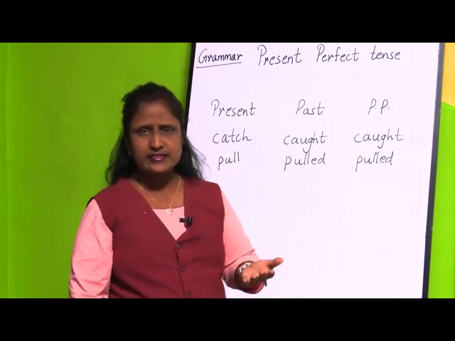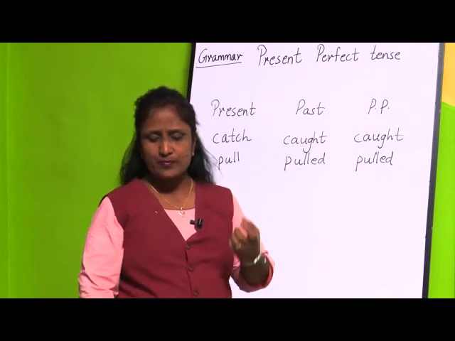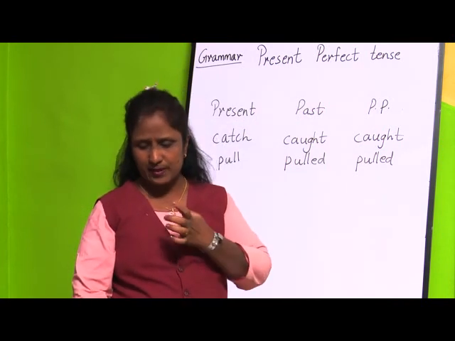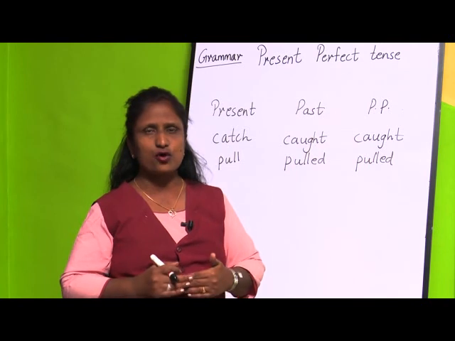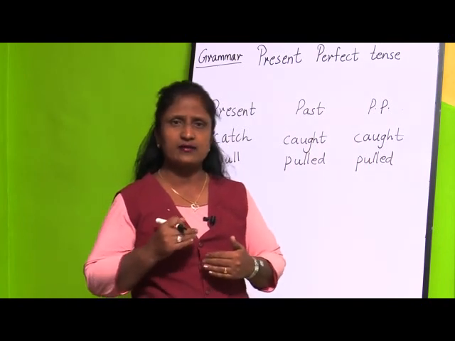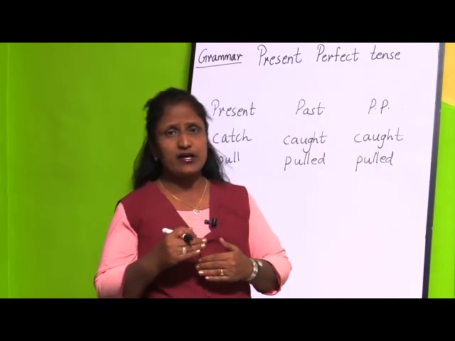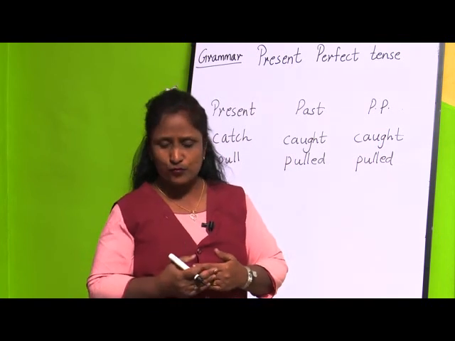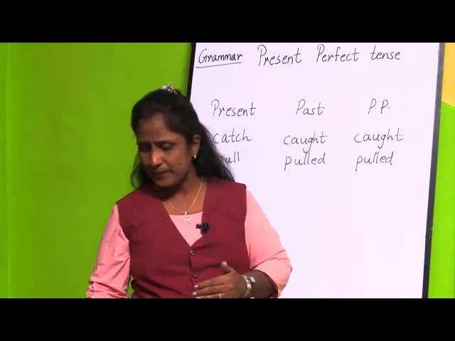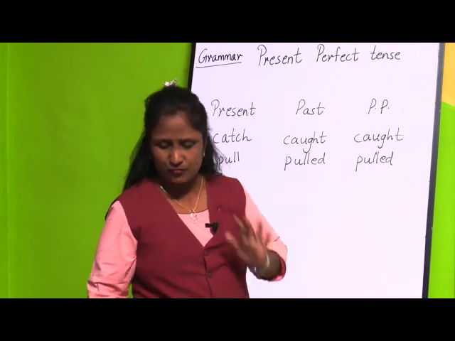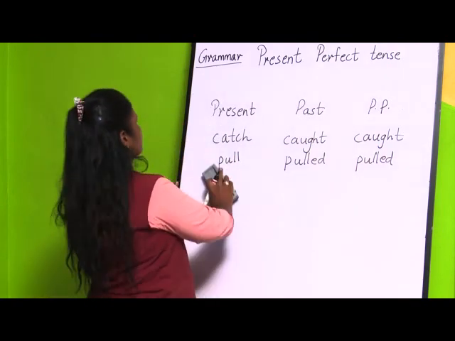Okay. Now next thing is what? How we are going to form the past and past participle forms. There are some cases, or we can say rules, and according to those cases we are going to learn how to form past and past participle forms.